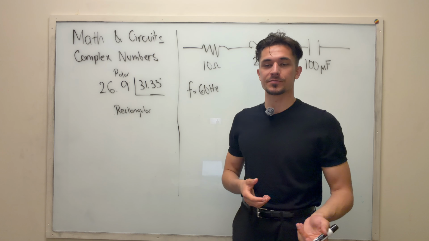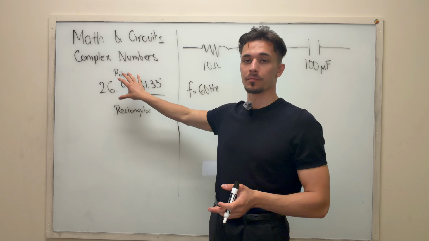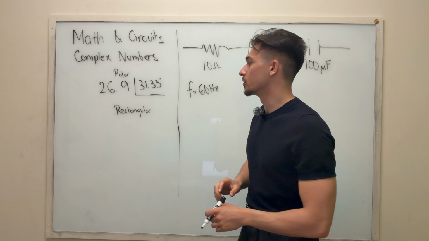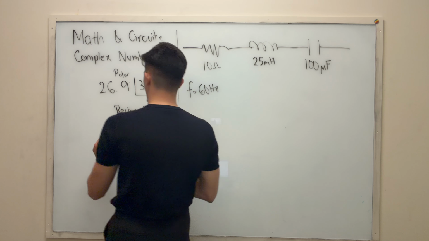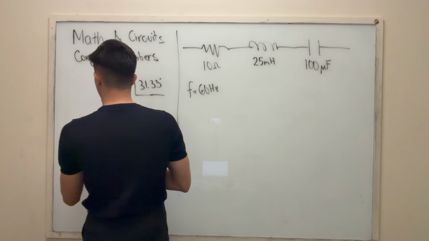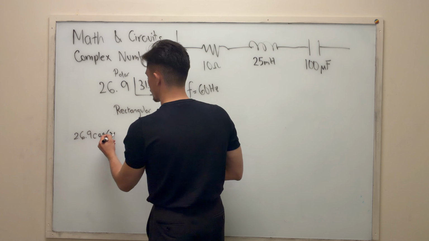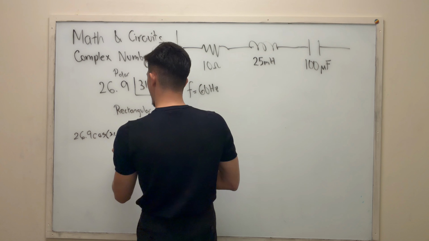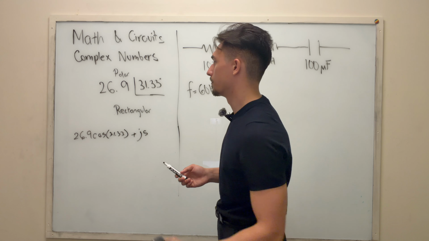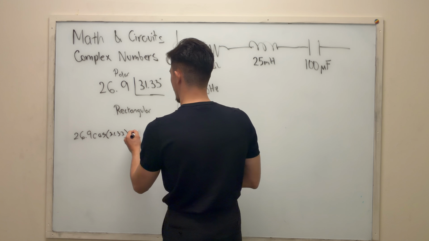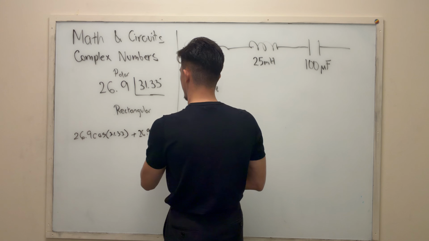So one thing I forgot to mention from the last problem is that if a question were to ask to convert the polar form back to rectangular form, you would take your magnitude, which in this case would be 26.9, from the problem we just did. We take the cosine of the angle, 31.33, and then add J times the magnitude again, 26.9, times the sine of 31.33.